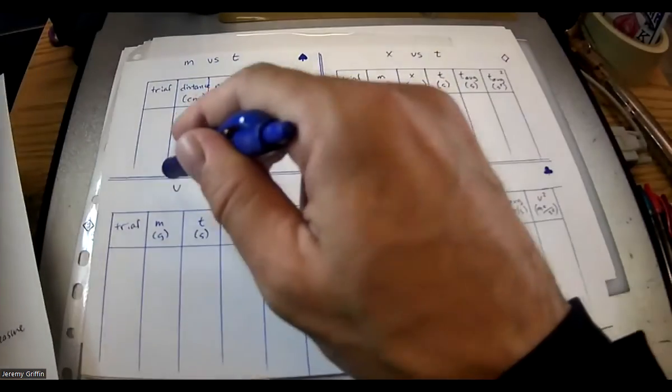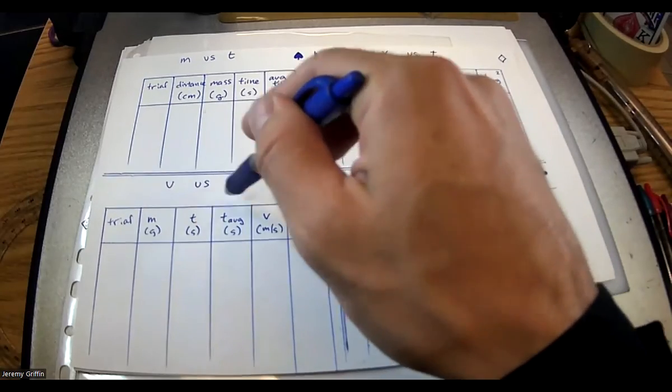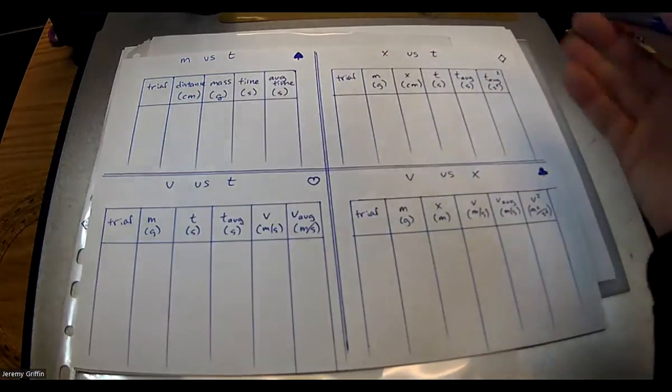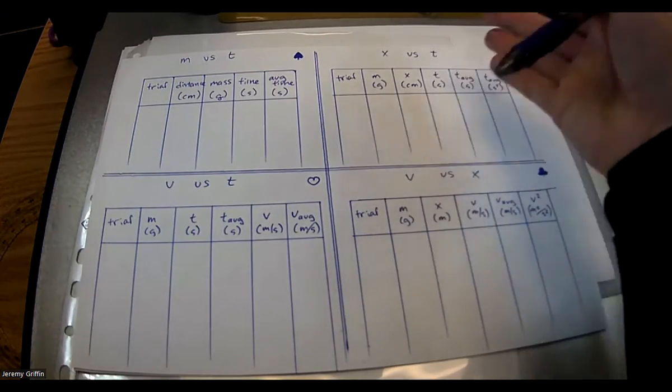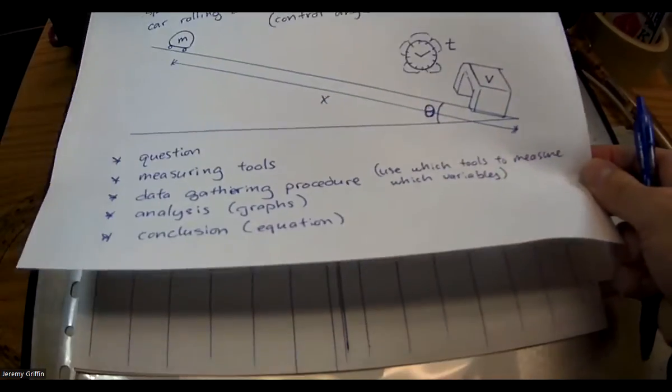You might say the speed is directly proportional to the time. If it's been rolling for twice as long, maybe you think it should pick up twice the speed. Or maybe you think there's going to be a parabolic relationship, like the square of the time is proportional to the distance it's rolled, for example.